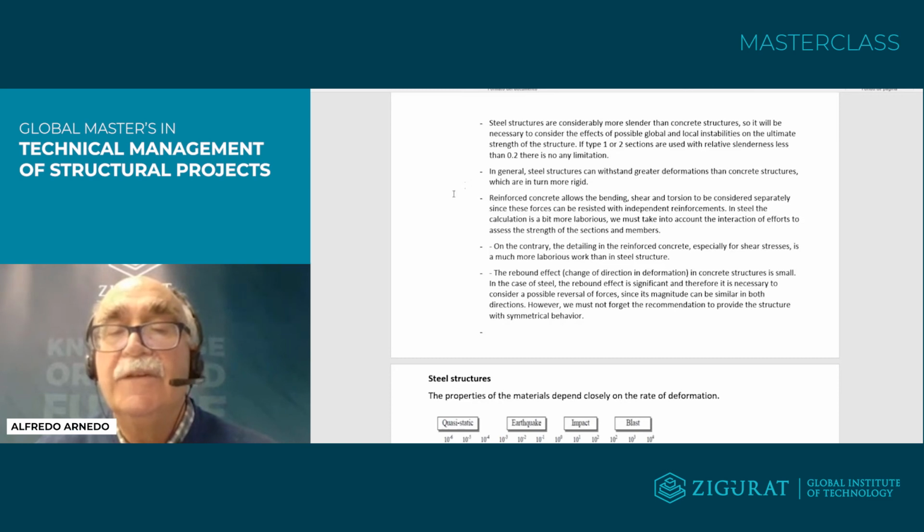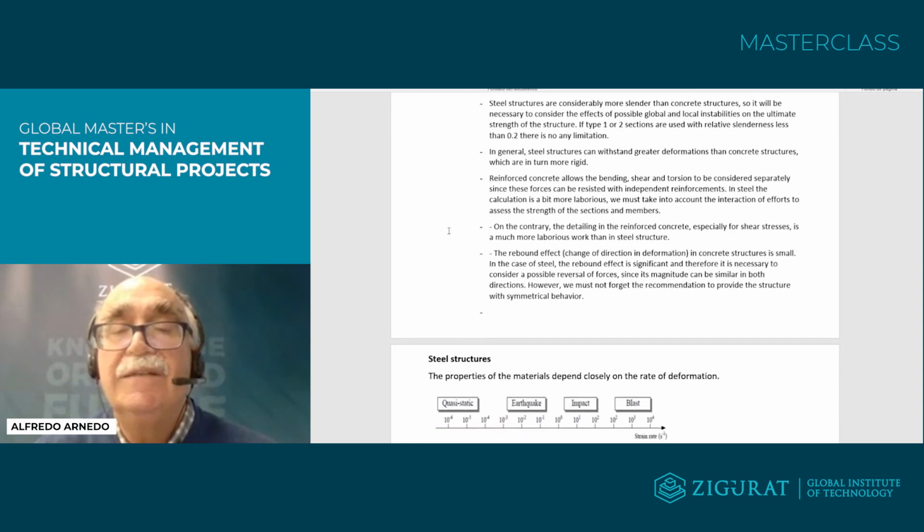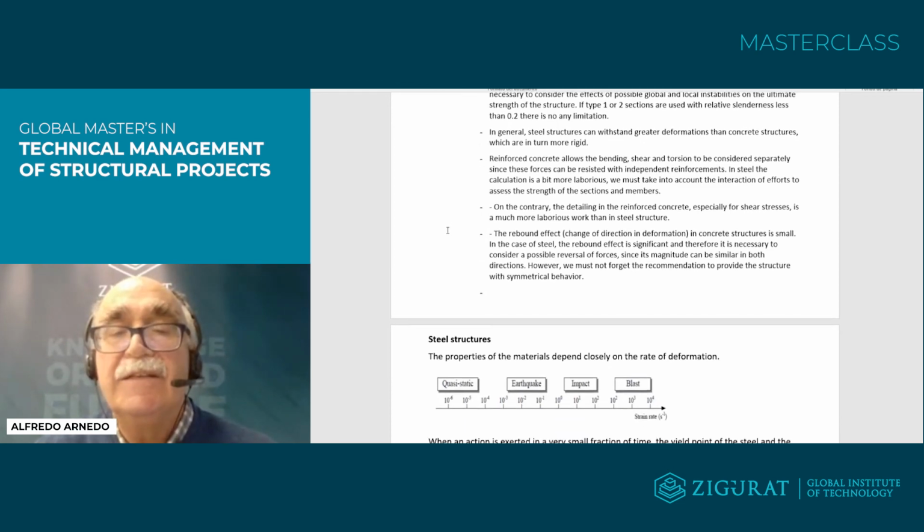So it is necessary to design with the so-called section class 1 or class 2. In general, I repeat, this structure can withstand greater deformation.